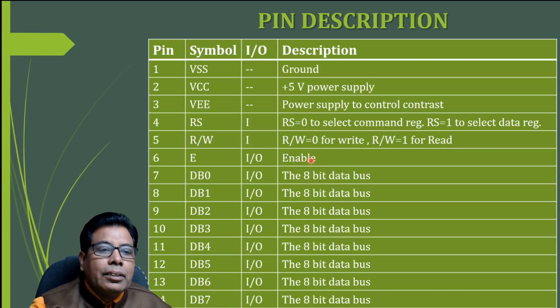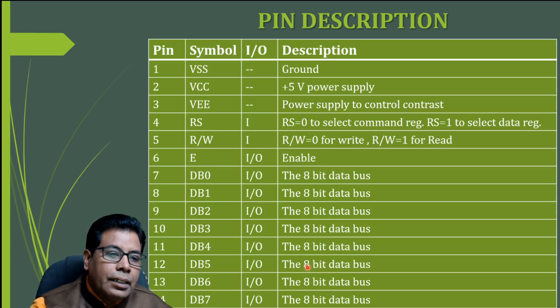In order to enable the latch, you have to make a transition from high to low. So first we'll make it high, and then after a certain small delay we'll make it low. Then DB0 to DB7 are nothing but the 8-bit data bus, from pin 7 to 14. These are the 8 lines.